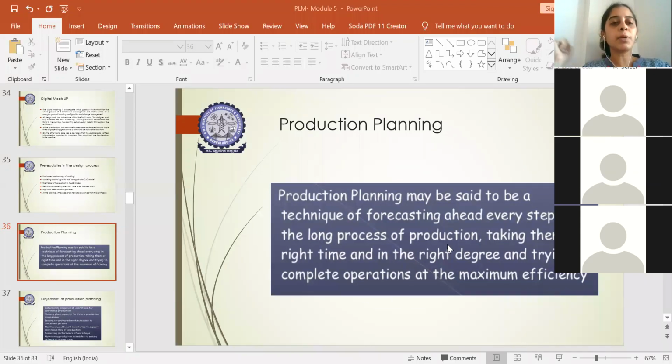All these have to be correlated so that everything goes hand in hand. For that, proper planning is very essential, right? It is a technique followed for forecasting in future how the process of production goes on.